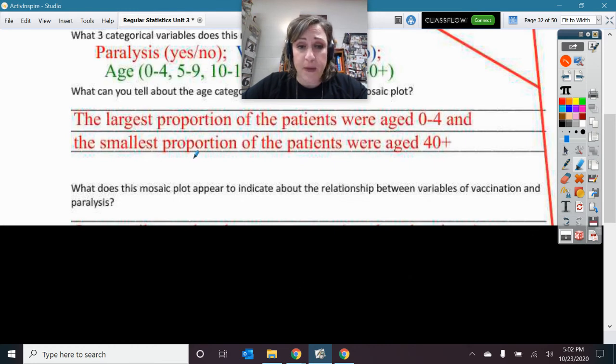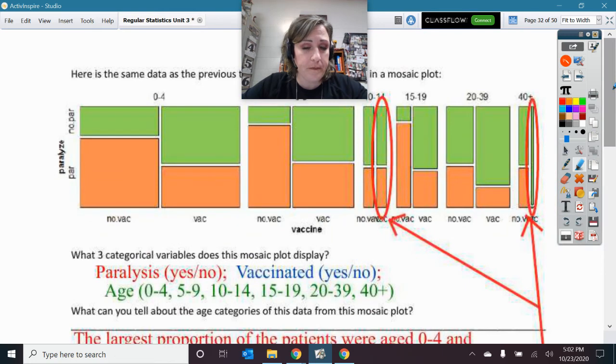Does this mosaic plot appear to indicate, what does it appear to indicate about the relationship between the vaccination and your paralysis? Well, let's go look. Okay, so vaccinated was this second bar of the ages. Well, look in all of these categories.